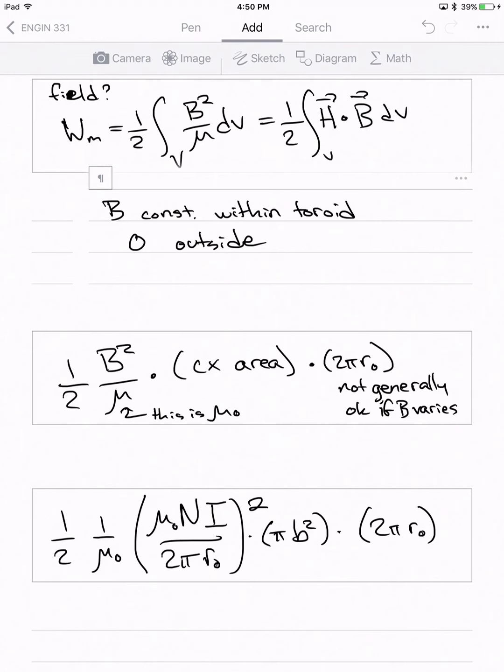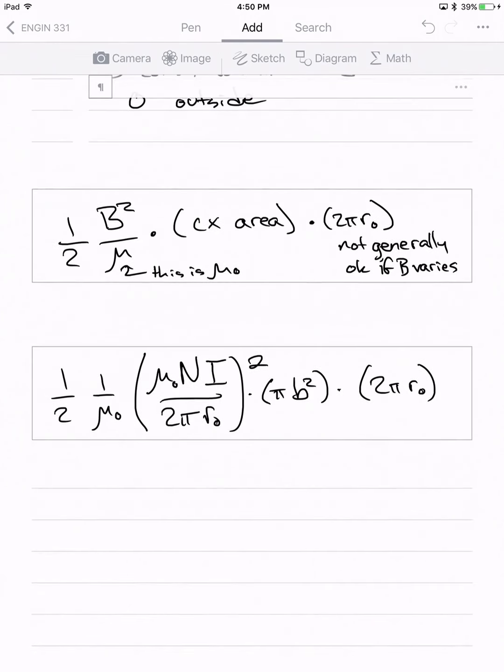And then a whole bunch of things are going to cancel out. The 1 over mu naught is going to go away because we've got a mu naught squared inside these parentheses. One of the factors of 2 pi r naught is going to go away because of multiplying by the circumference of the toroid. Another factor of pi is going to go away because of the pi b squared here.